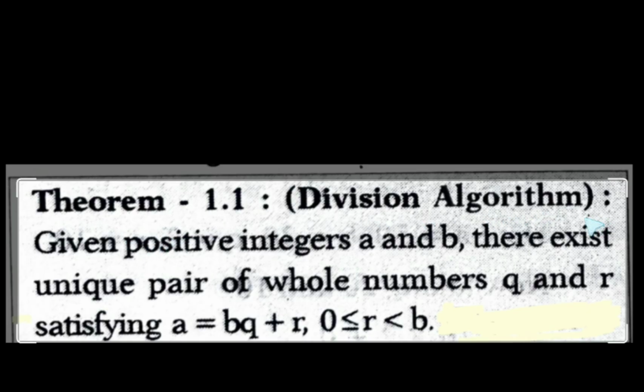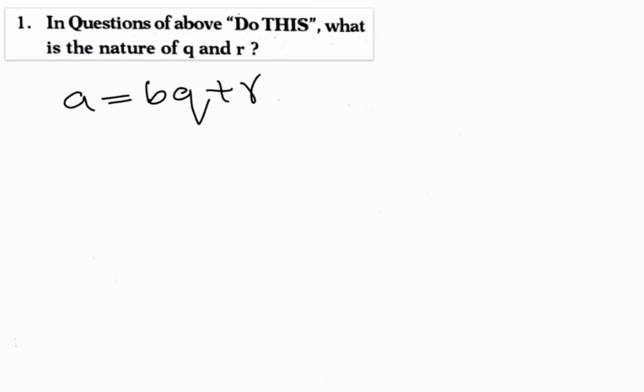Division algorithm, the theorem: given positive integers A and B, there exists a unique pair of whole numbers Q and R satisfying A equal to BQ plus R, where R is 0 less than or equal to R less than B. What is the nature of Q and R?